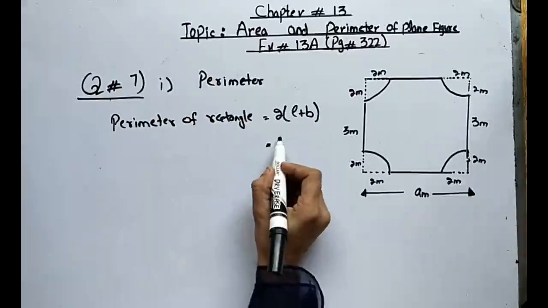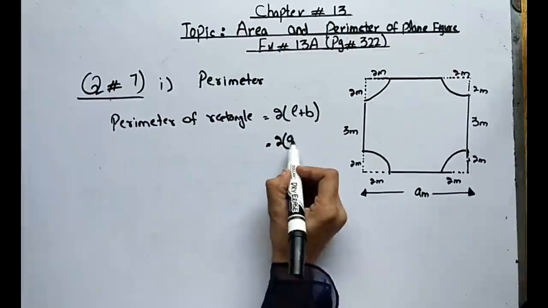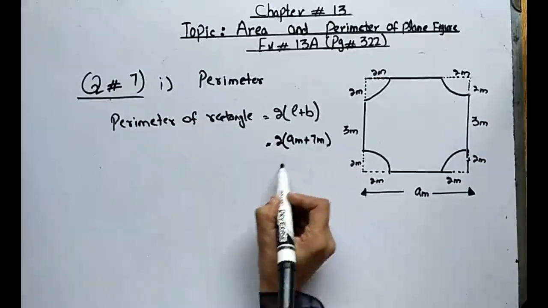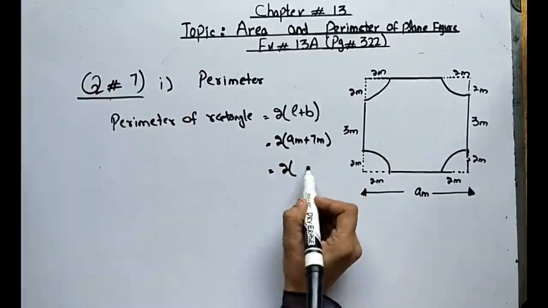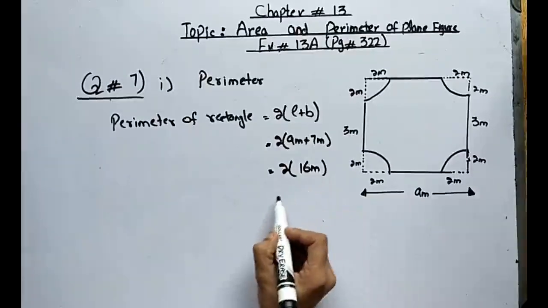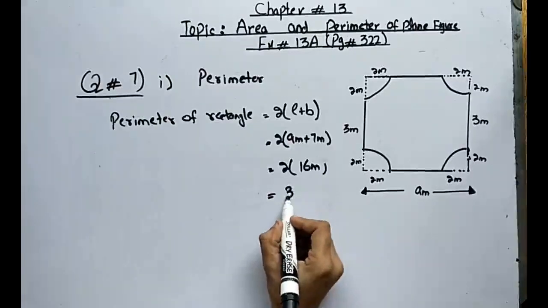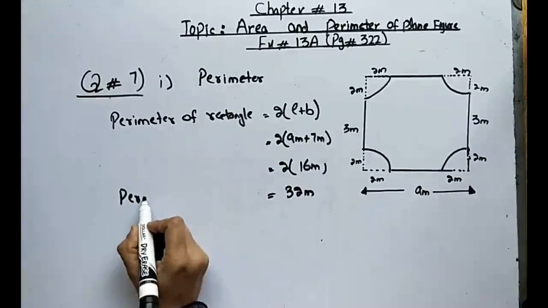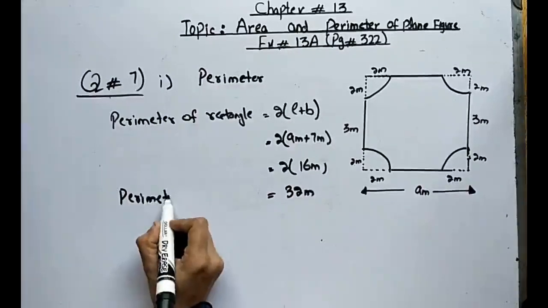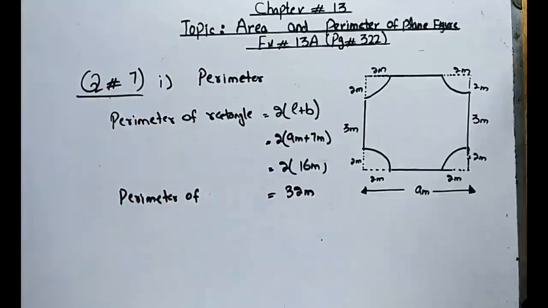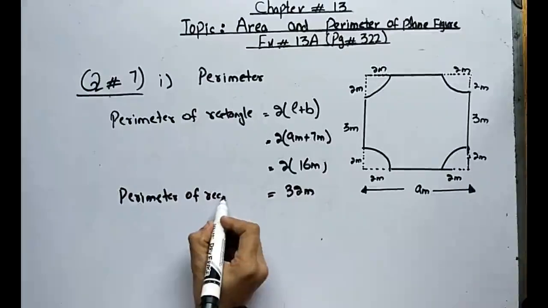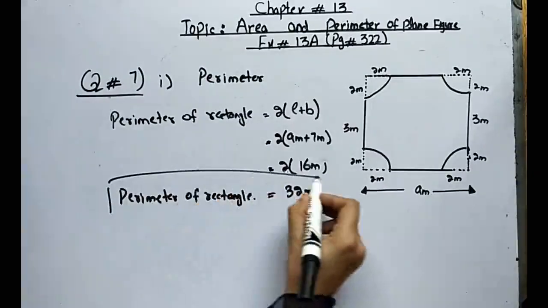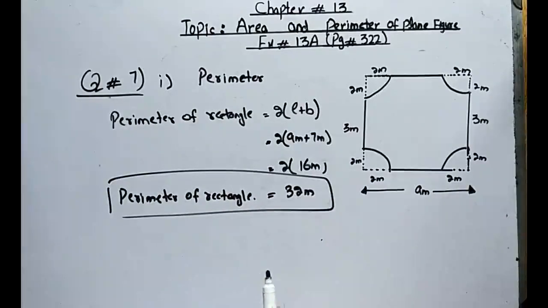So length is 9 meter plus breadth is 7 meter. So 2 into 9 plus 7, 16 meter, and then 2 multiplied by 16 is 32 meter. This is the perimeter of the whole rectangle. Fine? Okay.